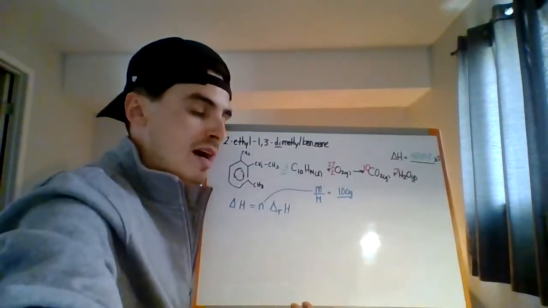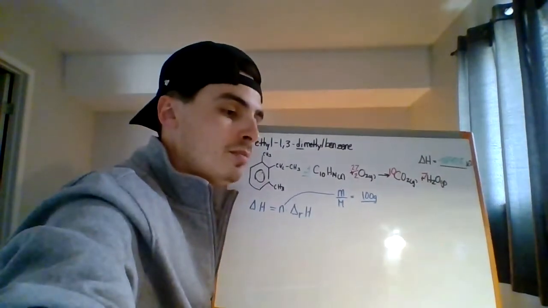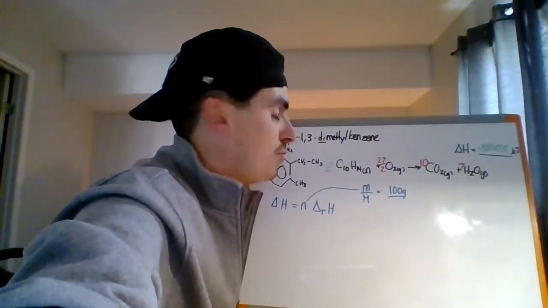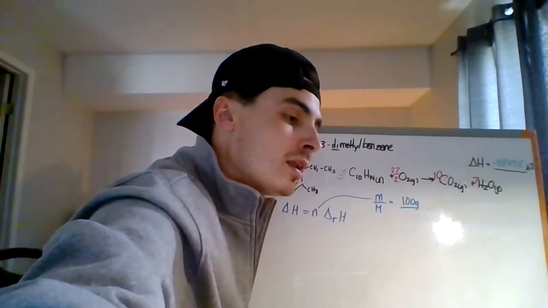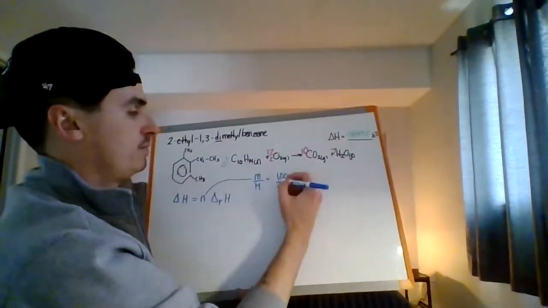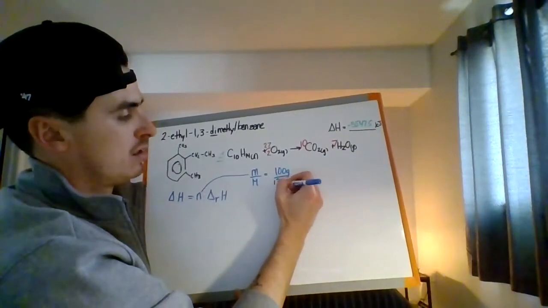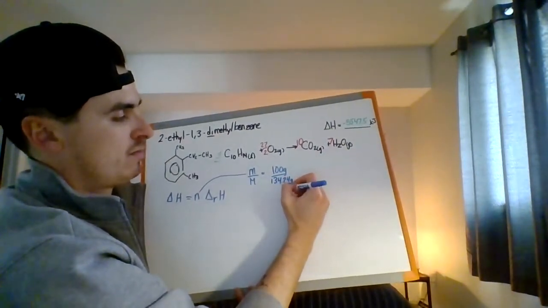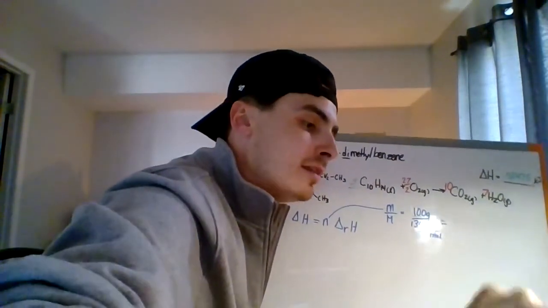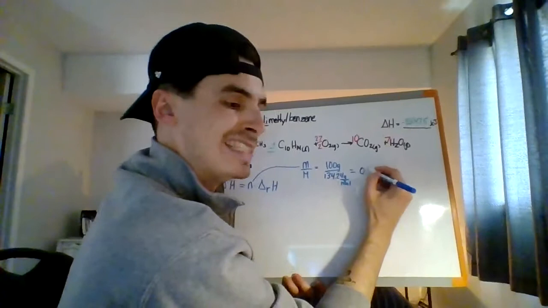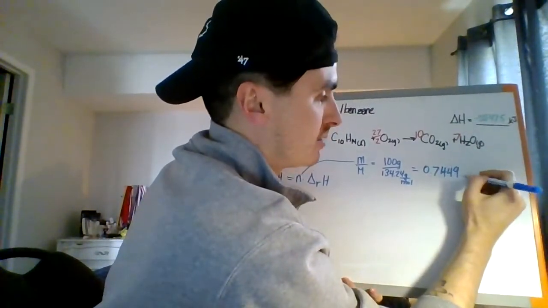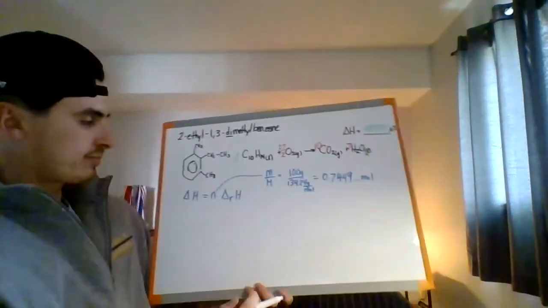So to find the molar mass of that, take 10, multiply by 12.01, add 1.01 times 14, and I get 134.24 grams per mole. Do 100 divided by that, and I get 0.7449... Okay, that's n.